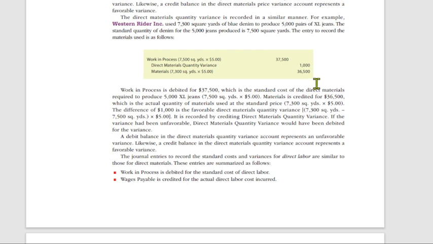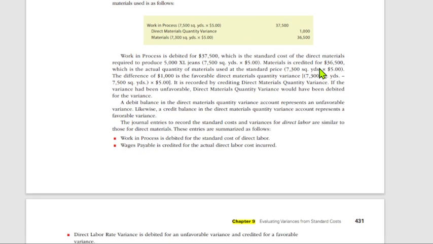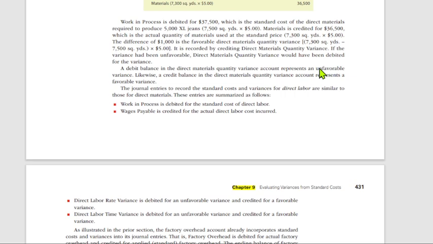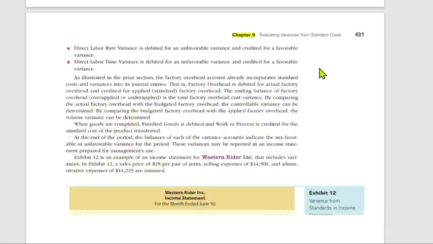But on some companies that use automated systems, madali nilang nako-compute agad yung variance on a particular, halimbawa kakabili pa lang, computed agad yung price variance. Kaka-issue pa lang sa production, computed agad yung quantity variance. So because of the automated systems used by some companies.